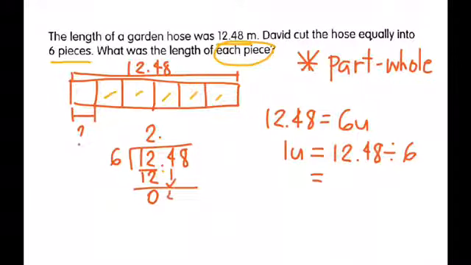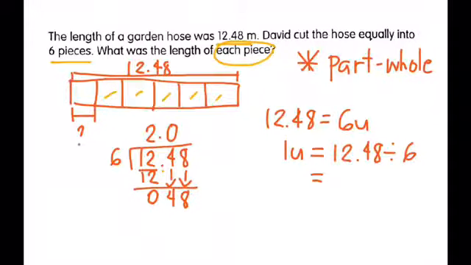Then bring down 4. How many 6 are there in 4 tenths? It's not possible, so we put a 0. Then let's bring down, or regroup, 8. So this time we have 48 hundredths. How many 6 are there in 48?